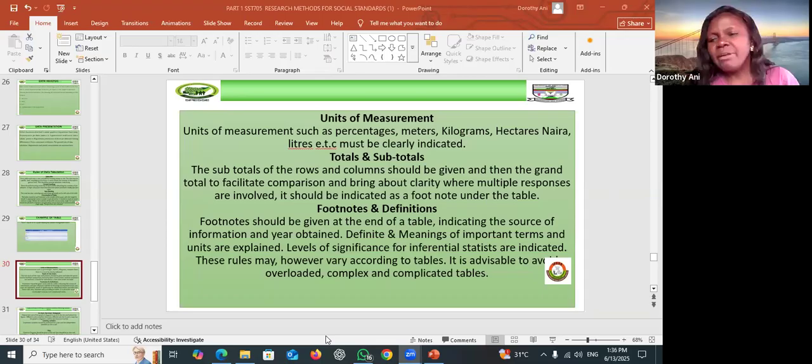And if you did a regression, under the table you tell us the dependent variable, because inside the table there may not be space for you to write the dependent variable. It may just be the independent. So in the footnote, you can tell us which one is your dependent variable.